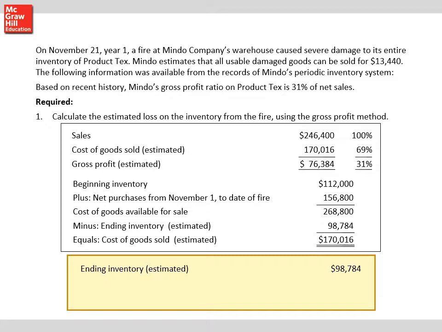It wasn't all destroyed by fire, because Mindo estimates that all usable damaged goods can be sold for $13,440. So the usable goods, $13,440, loss from the fire, $85,344. So subtract those items that can be sold at what they could be sold at.